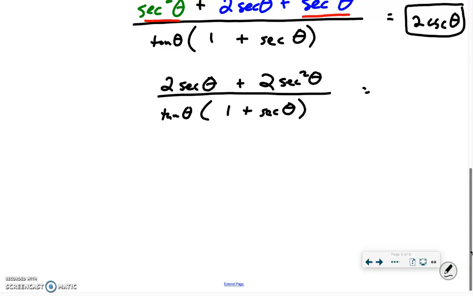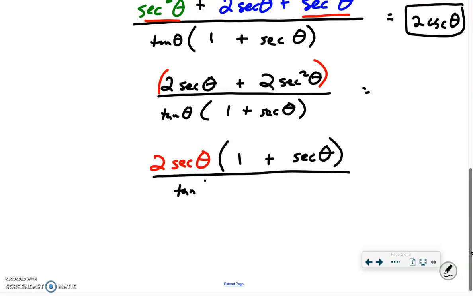Again, thinking about what we could factor out of the numerator, I can factor out a 2 secant theta. What that's going to leave me with in the interior is now 1 plus secant theta. Remember what this is over. Tangent theta times 1 plus secant theta.